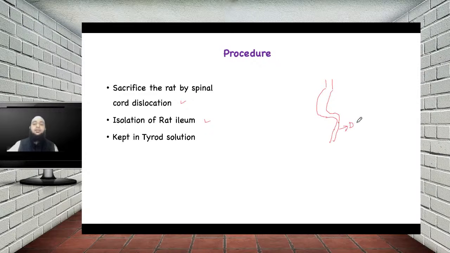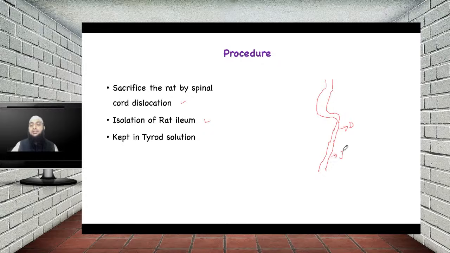I'm just writing D here because you already know what is meant by duodenum, and you already studied the anatomy. So the initial portion is called the duodenum. Then there is the intermediate portion of the small intestine, which is generally called the jejunum.